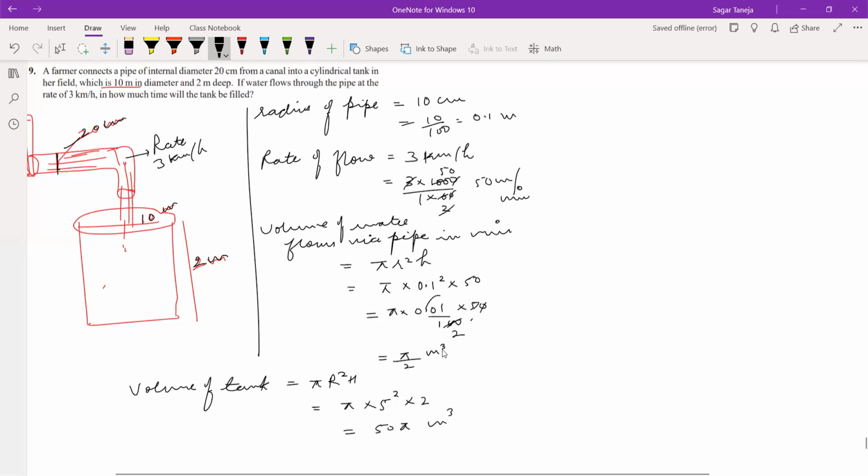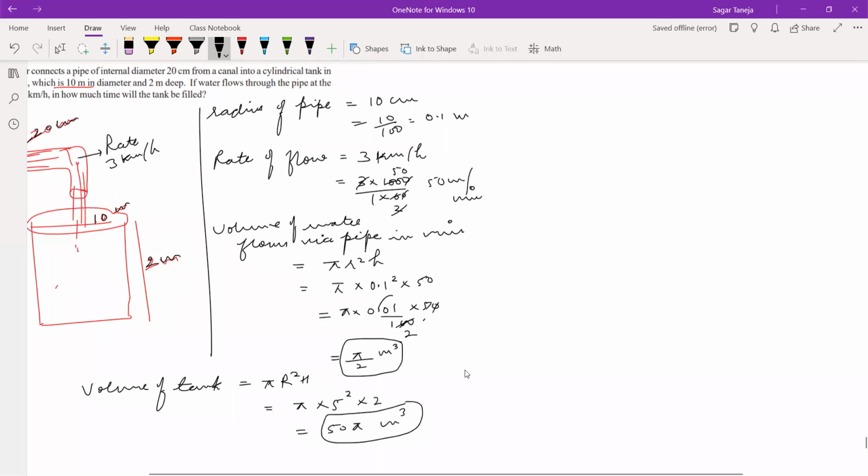Now how much time? See, in 1 minute, this much of water will fall into the tank. But in the tank, a total of this much of water can come. So the time taken, you can calculate then.